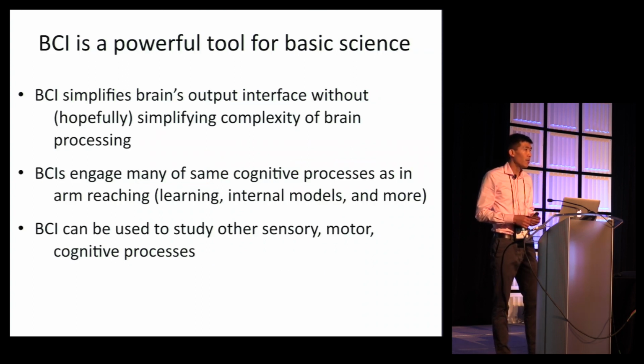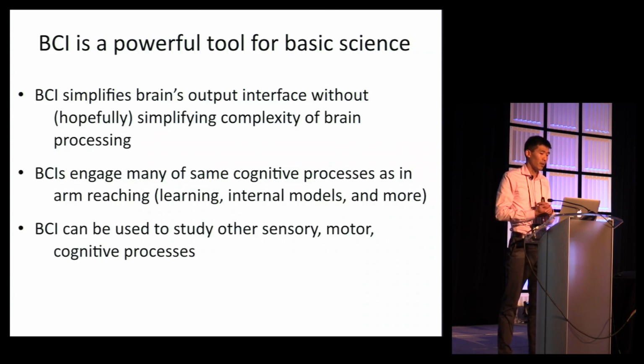Taken together, what I've hopefully convinced you of, at least as a starting point, is that BCIs represent a powerful tool for basic science. The reason for this is that BCIs simplify the brain's output interface without hopefully simplifying the complexity of brain processing that we seek to understand.